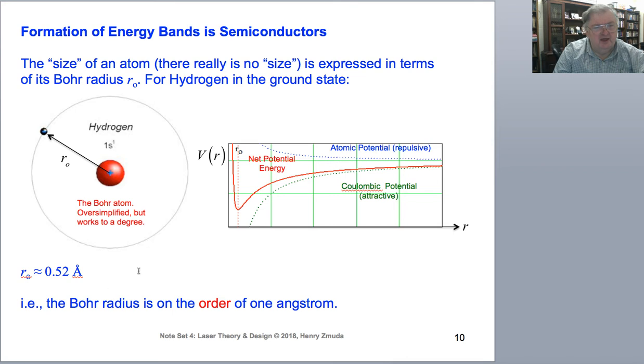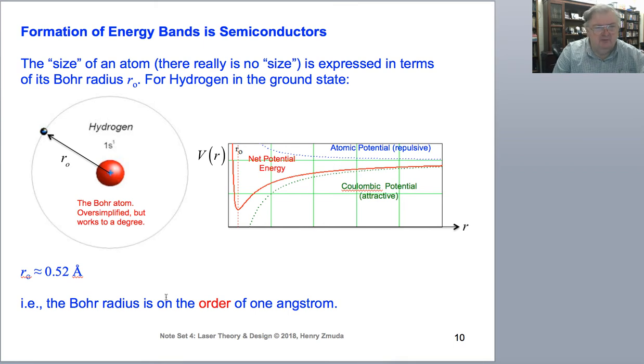For hydrogen, that Bohr radius is about half an angstrom. So we say the Bohr radius for materials is on the order of 1 angstrom. So half an angstrom, 1 angstrom, 2 angstroms, they're all on the order, within a factor of 10, so to speak, of 1 angstrom.